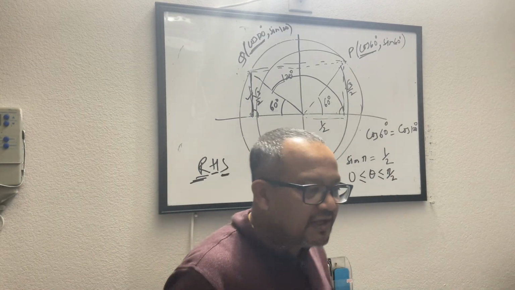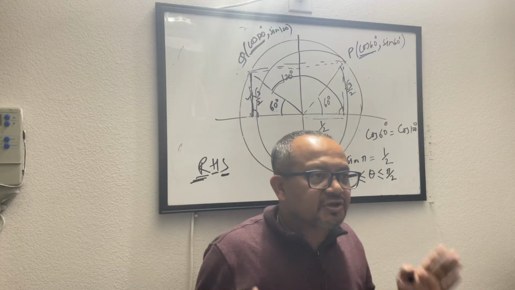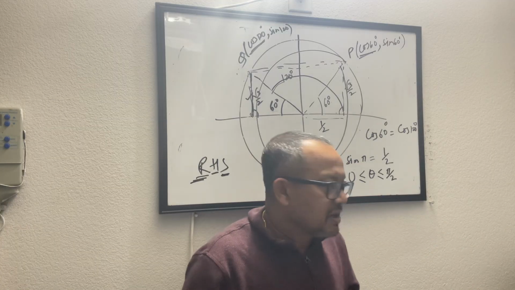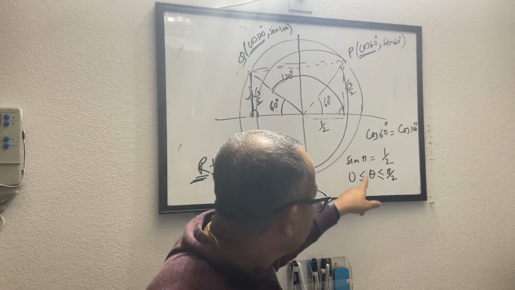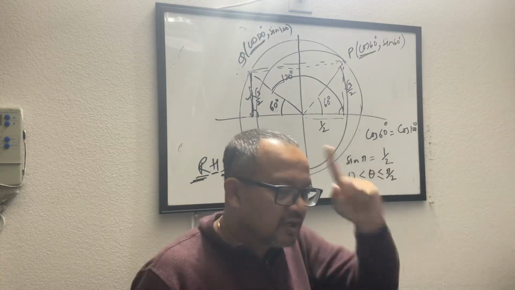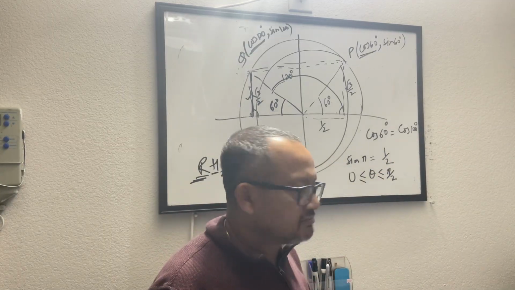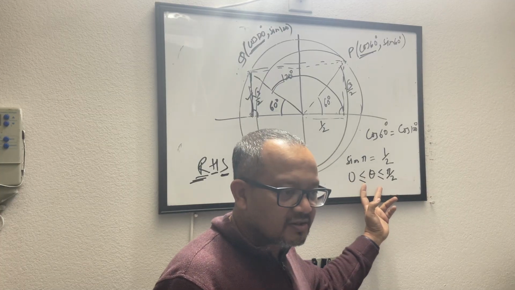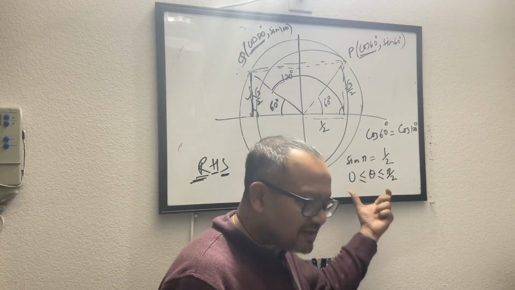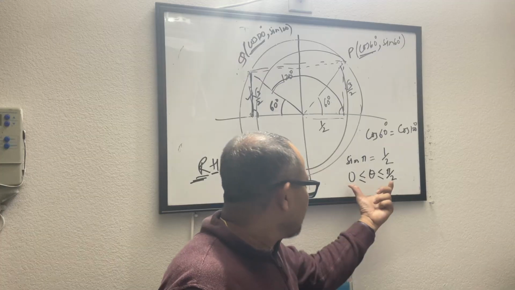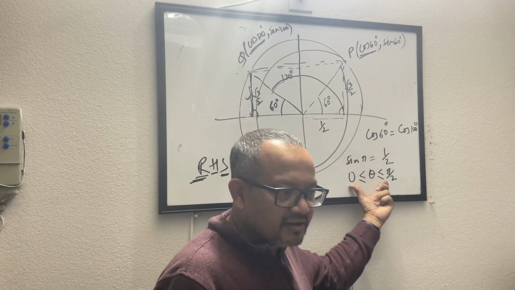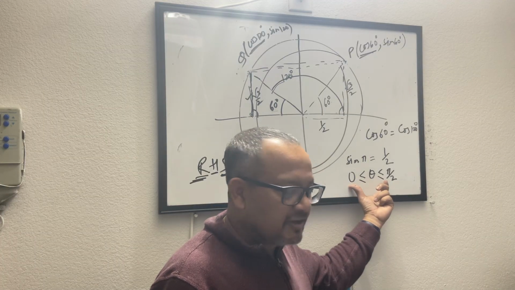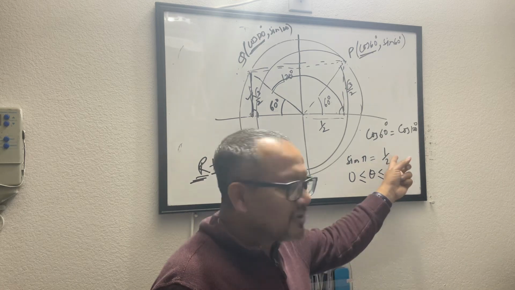Now I am not leaving any opportunity for getting confused. Sine of theta will be 1 by 2 for only one scenario, that is 30 degrees, because I am not going beyond 90 any which way. As long as I am restricting my input, my domain, this will be invertible.